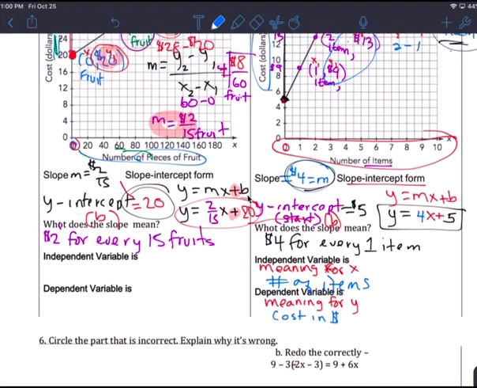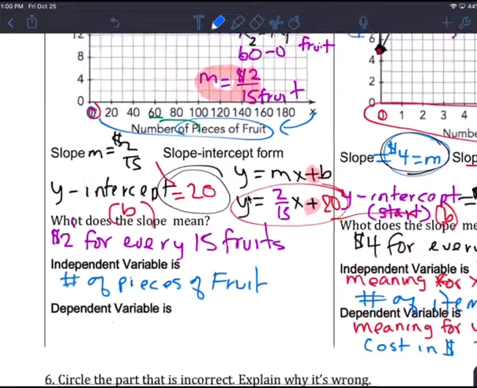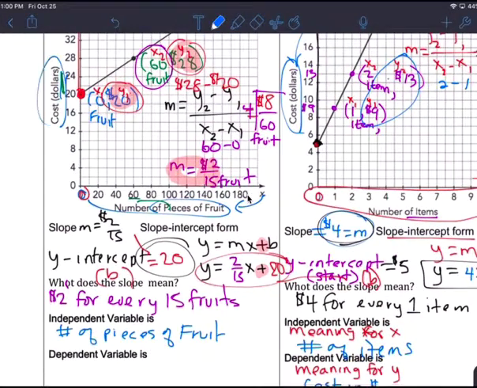Okay, independent x, the meaning is number of pieces of fruit. Dependent is the meaning for y, the cost in dollars.